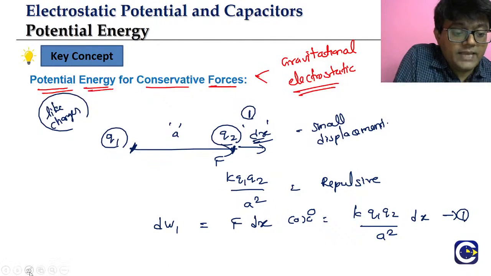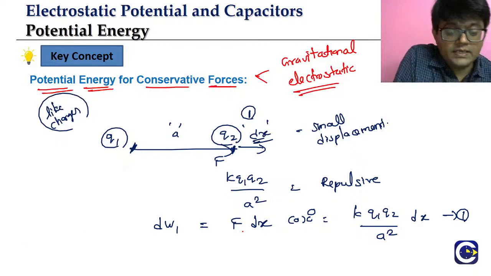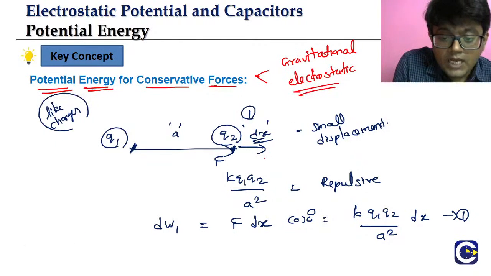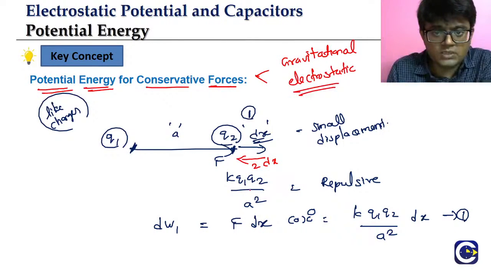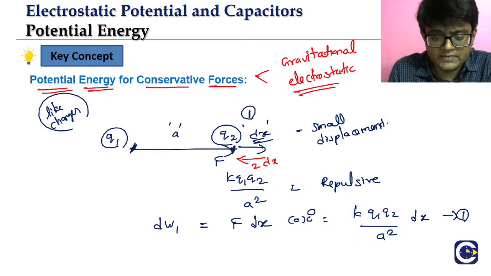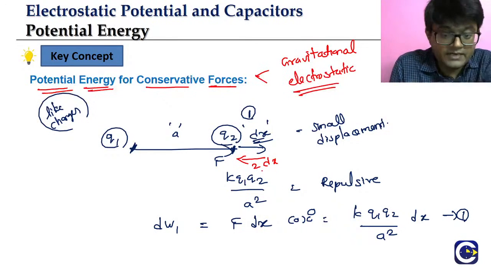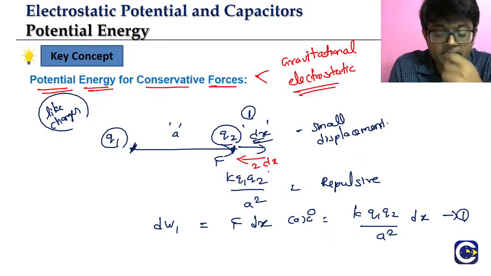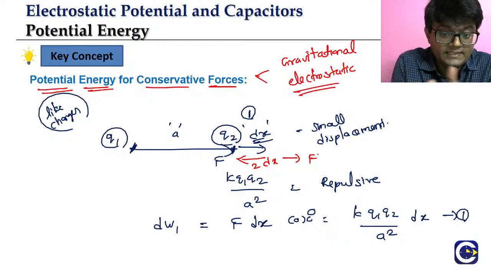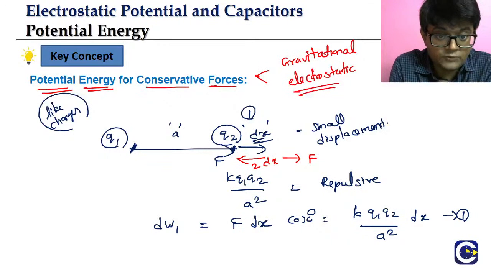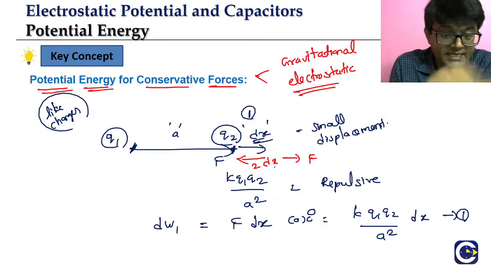After that, we will make it a closed loop. How can we make a closed loop? We will just bring it back. If we give the displacement in reverse, it will come back to the original point, right? But when we bring it back this way, the force, the repulsive electrostatic force, will be towards the right side, but the displacement is towards the left side.